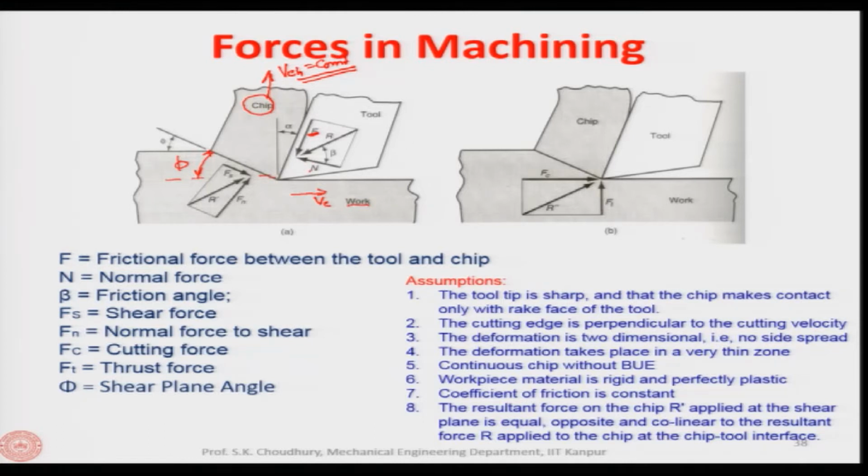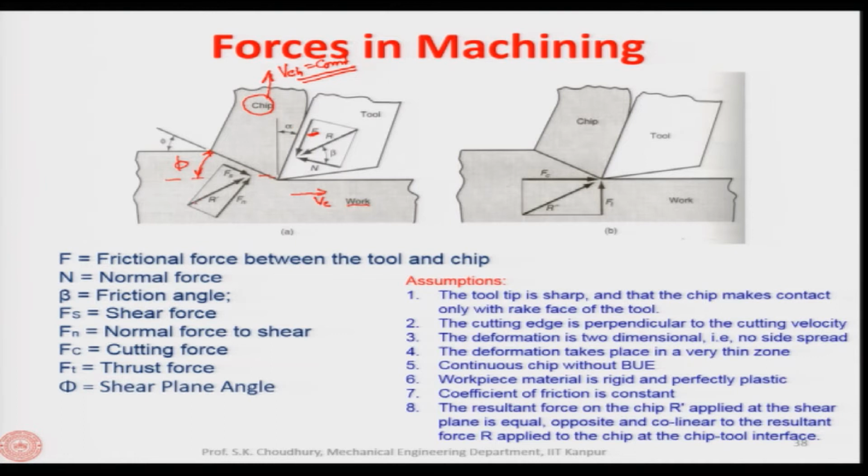Now, between the normal force and the resultant force, as we know, the angle made is called the friction angle. So, here beta is the friction angle between the resultant force R and N, which is the normal force acting on the chip.